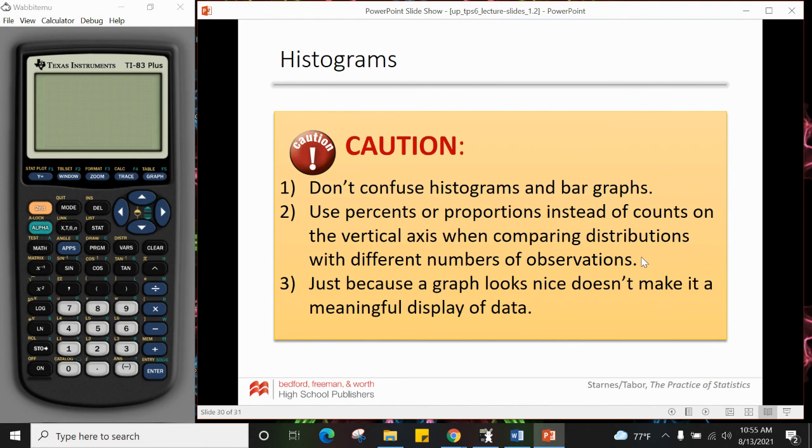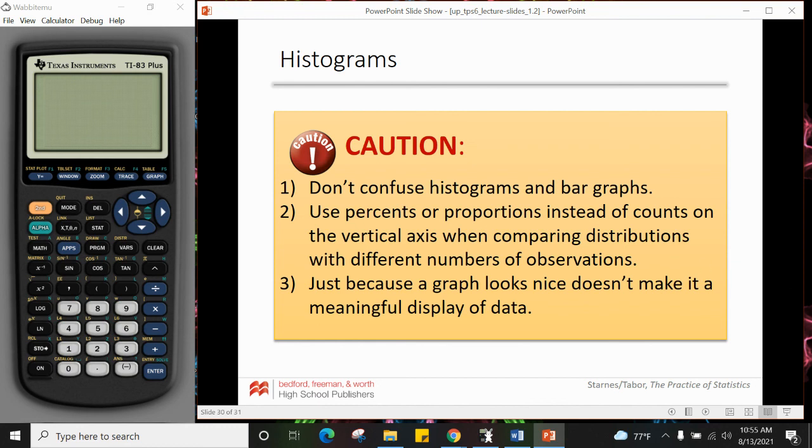We talked about that in 1.1. It's not fair if one group has 50 people and the other has 300, and you say, look, 100 people voted for that other one, but there are just so many more people. So when you're comparing, it's better to compare the proportion or percentage of the whole if the sizes are different. And just because a graph looks nice doesn't mean it's useful or helps explain the data.